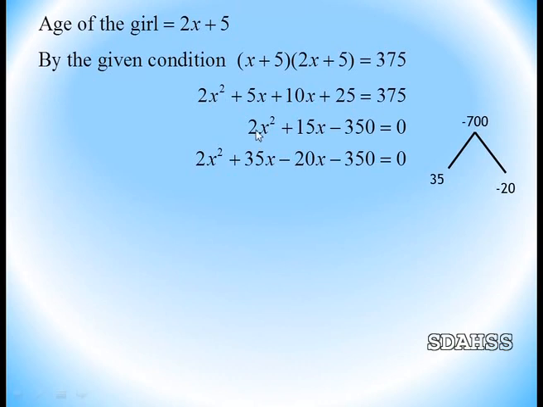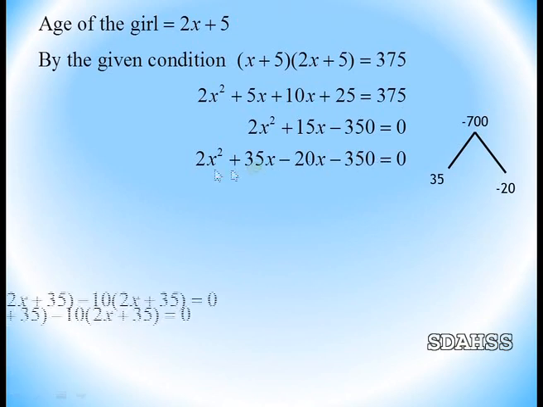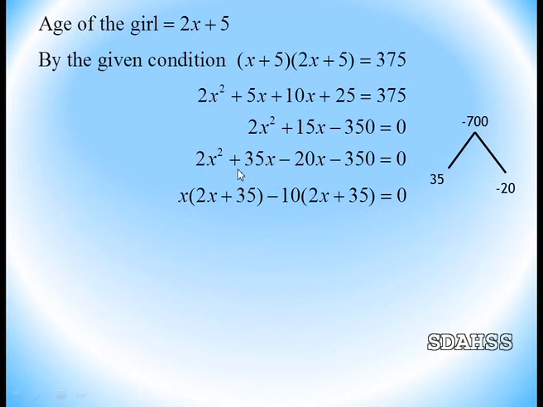Here you keep the first term as it is, 2x square. In the place of 15x, you have to write 35x minus 20x. Keep the last term as it is, minus 350 is equal to 0. In the first two terms, x is a common factor, so take it outside. So this becomes x into 2x plus 35. In the last two terms, minus 10 is the common factor, so take it outside.